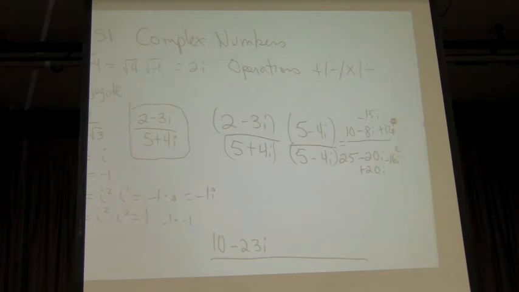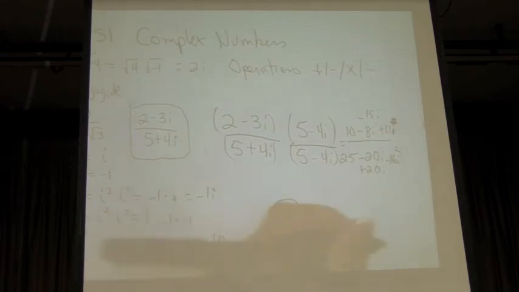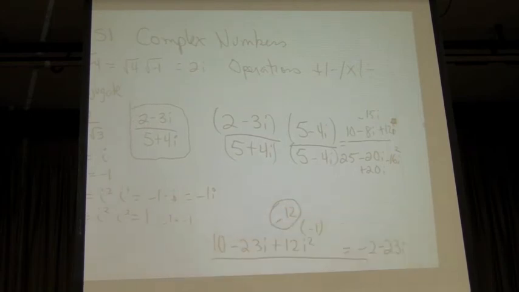i squared is defined as -1. Therefore, this basically becomes minus 12. Yes? So we have 10 minus 23i minus 12, which means we have what? I can't hear you. -2 minus 23i, that's our numerator.